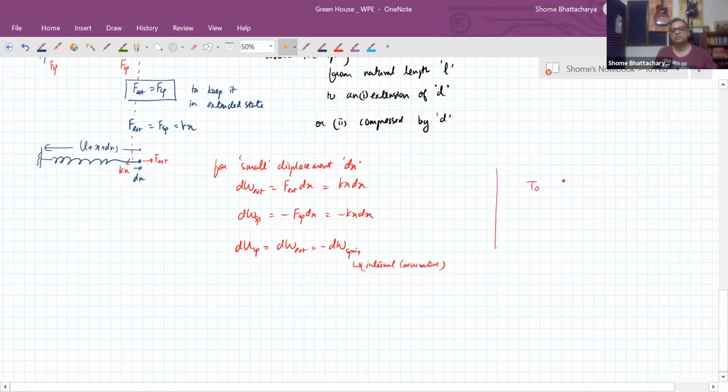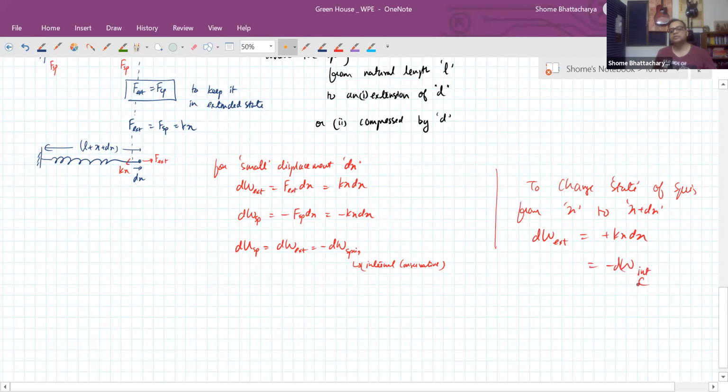So to change the state of the spring, configuration of the spring from x to x plus dx, the external agent is having to do plus kx dx amount of work, which is equal to negative of the work done by the internal conservative force, which is negative of minus kx dx.